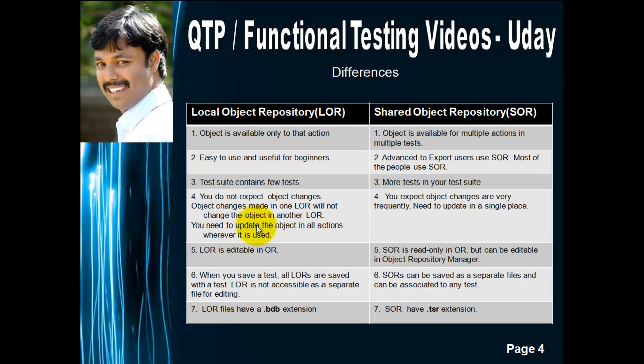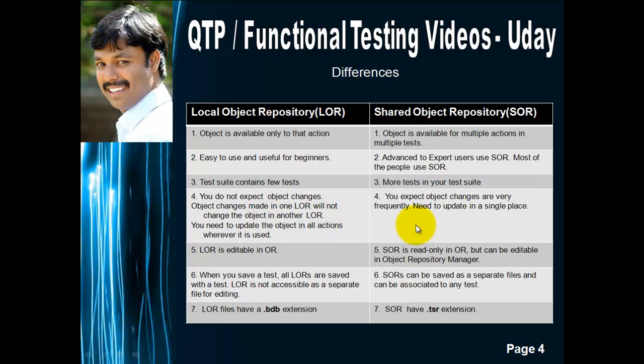For example, unique properties like HTML ID, whatever it is. These IDs or properties will not change at all. There will be very minimal chances of changing these object descriptions. During those kinds of projects, it is better to go for a local object repository.